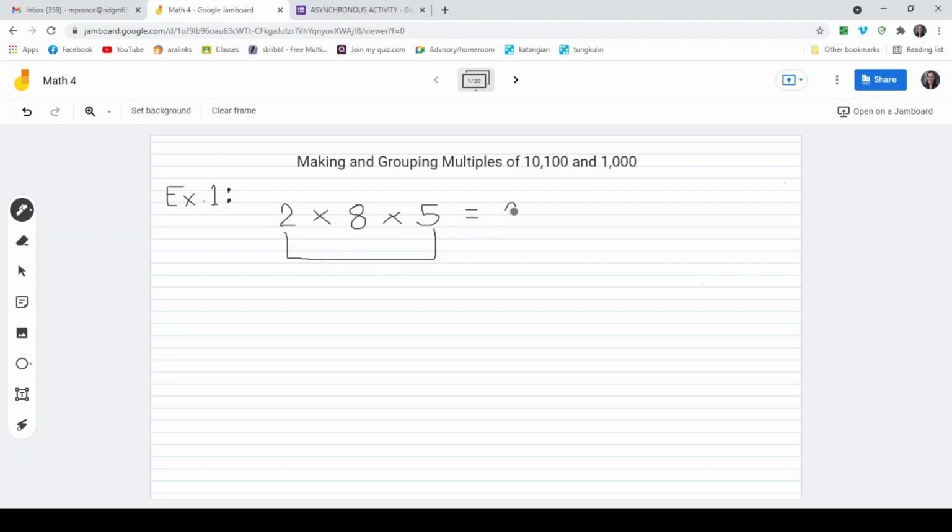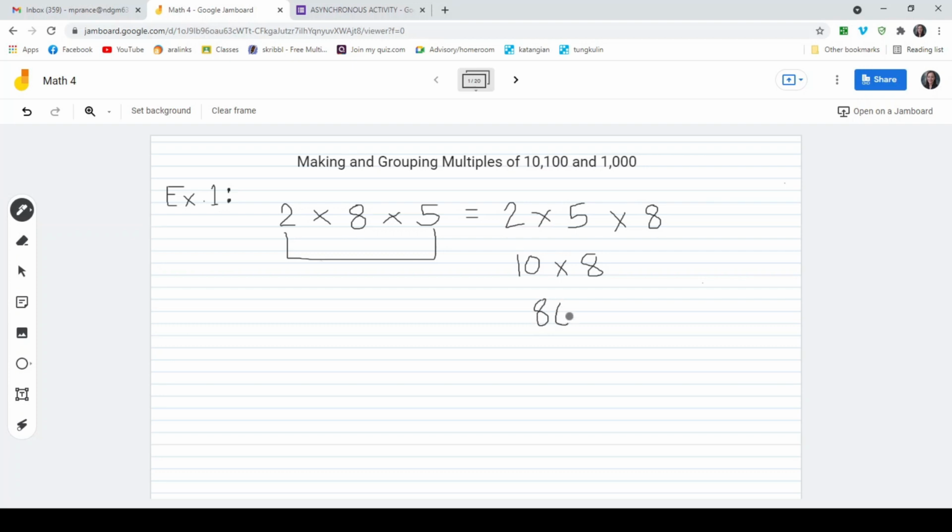So when you multiply first 2 times 5, you will get a product which is a multiple of 10, exactly 10. Then multiply the remaining number 8, and we can now get the product easily. So we have 2 times 5, it's equal to 10, and then multiply it by 8, the product is equal to 80.